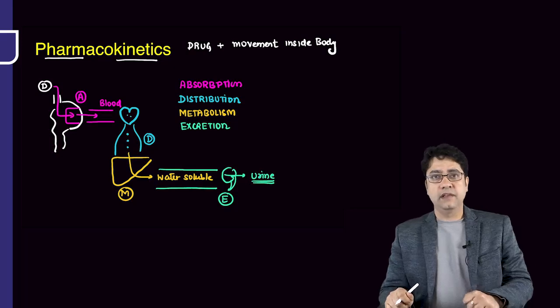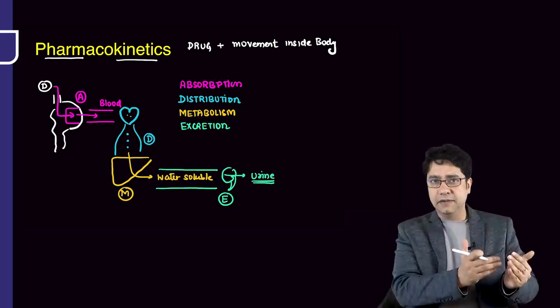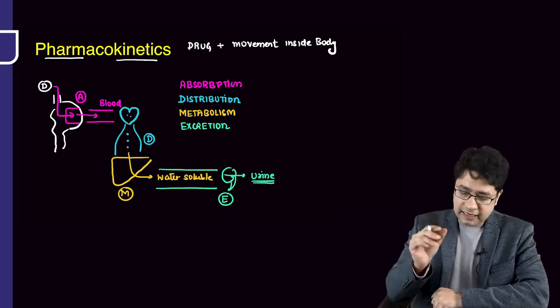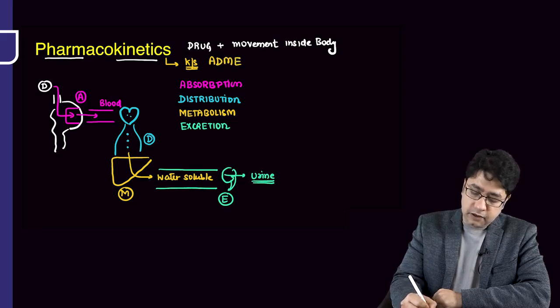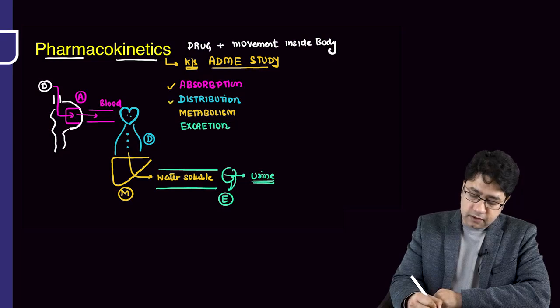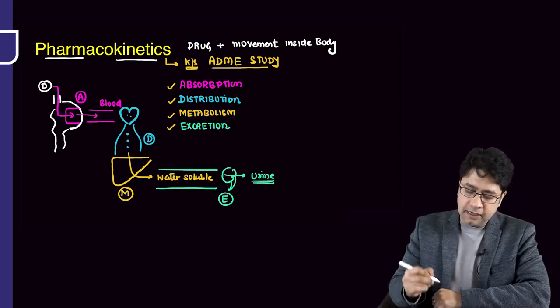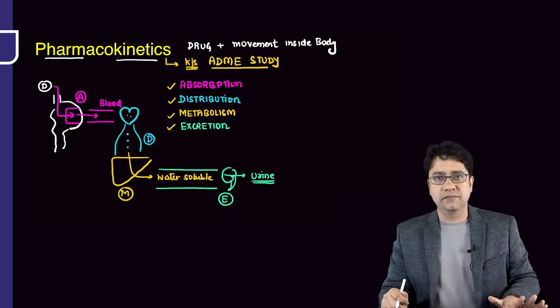This is how the drug is coming and getting removed. That is why pharmacokinetics is also known as ADME study. Now can you tell me what ADME stands for? ADME stands for absorption, distribution, metabolism, and excretion.